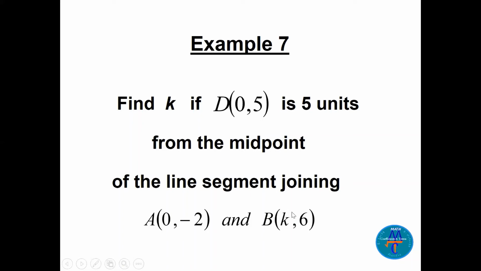Find the K. I give you D, a point, which is 5 units from the midpoint of the line segment joining A and B. So there is a line segment A and B, and there is a midpoint of A and B. From the midpoint to another point D, somewhere there, the distance between D and the midpoint in the middle, we can call it M, is 5 units. 5 units means only 5.